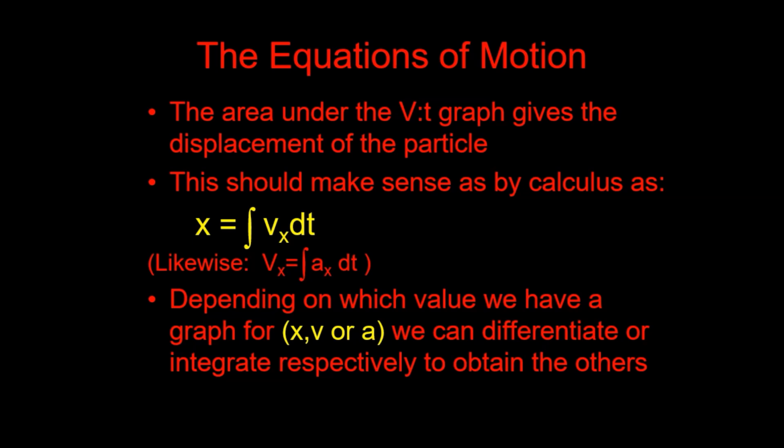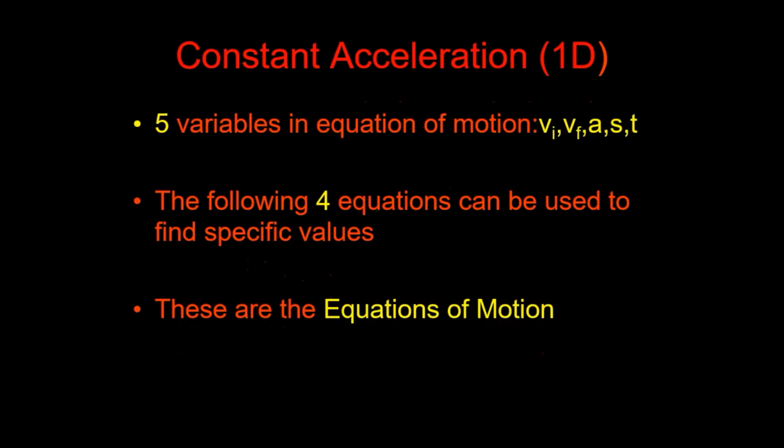But analysis of these curves and looking at the calculus of various constant acceleration systems give us what are referred to as the equations of motion. So if we look at the basic motion of any particle, we can take it down to 5 basic variables: vi, vf, a, s, and t.